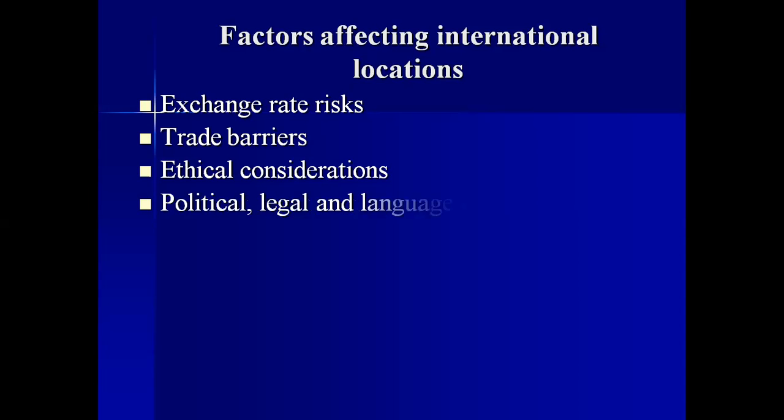All right. Then political, legal, and language considerations. Political, like whether the government is supportive of that business or not. If the government is supportive, fine, you can go ahead. But if not, then there is a problem. Like in India, if you start selling cow meat, it will not be liked because it will hurt their religious sentiments.